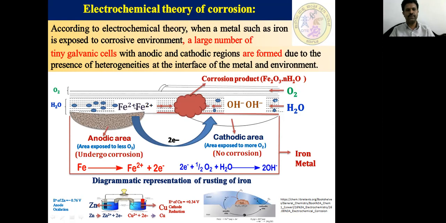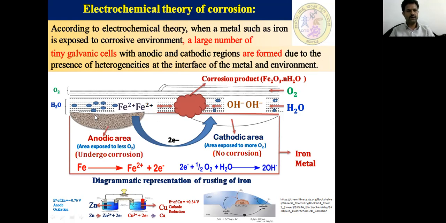That is due to heterogeneities of oxygen and moisture. The galvanic cells contain both anodic regions and cathodic regions. As I mentioned, that is due to the presence of heterogeneities at the interface of the metal and environment.